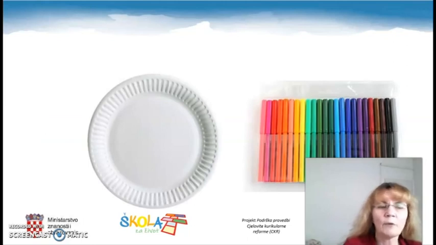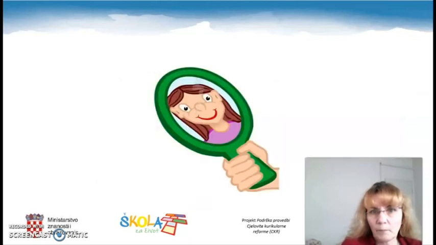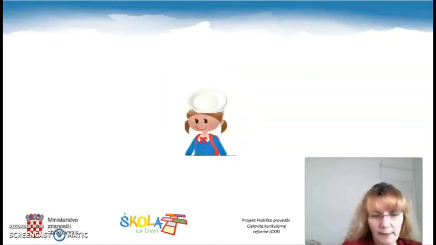So before we start, please prepare a clean paper plate and a felt tip pen, or just a pen and a notebook if you don't have a paper plate. And let's start. First, please sit or stand in front of a mirror and look at yourself in the mirror. You need both hands.